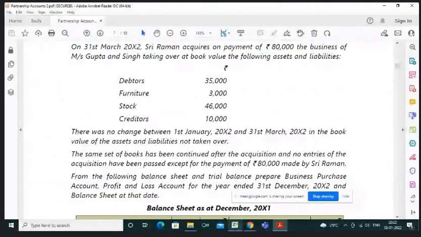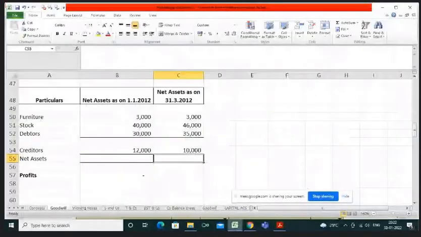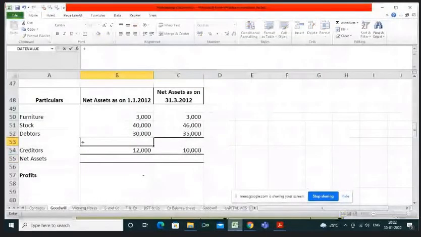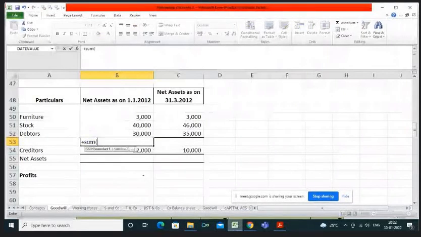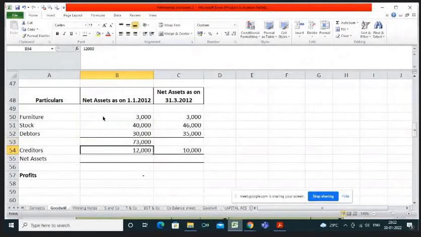So 10,000. So now what is the value of gross assets? It is 73,000 as on 1/1/2012 and 84,000 as on 31/3/2012.